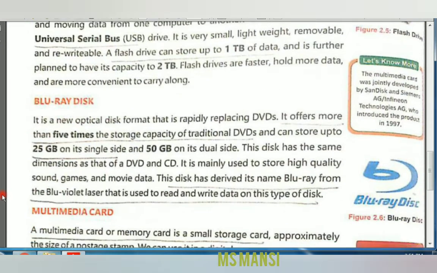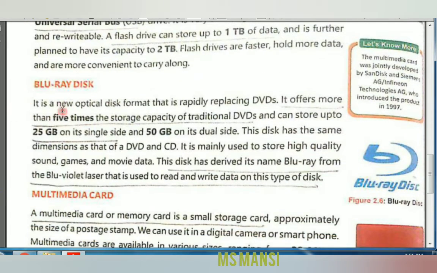Next is Blu-ray disc. It is a new optical disc format that is replacing DVD. Nowadays Blu-ray disc is used because it offers more than 5 times the storage capacity of a traditional DVD.